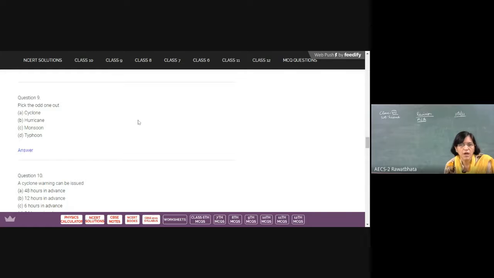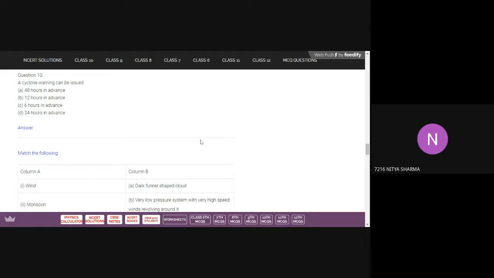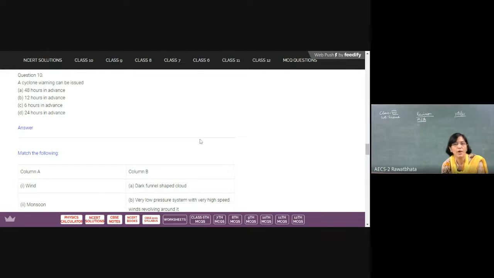Pick the odd one out, the one that doesn't belong with the remaining 3. Kapshil gave me the answer as C. Correct, because monsoon brings good things and the others are devastating. They damage basically. A cyclone warning. Remember there are 2 words. Go for warning only.